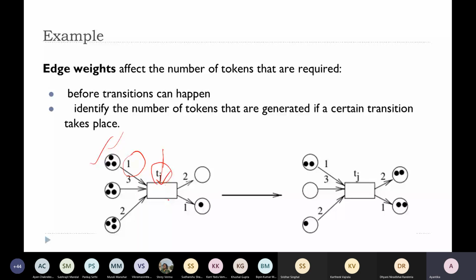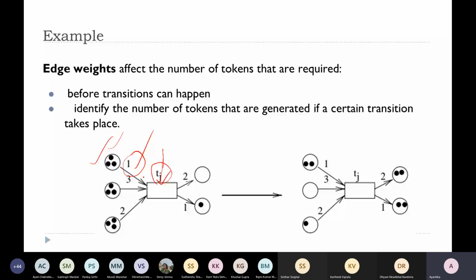Here you have 3 tokens. It doesn't mean that when a transition takes place, it will consume all the tokens placed in this place.